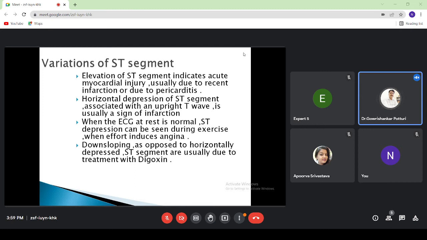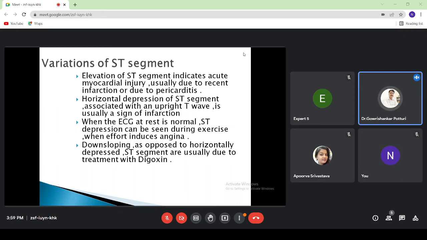ST segment associated with an upright T wave is usually a sign of infarction. Horizontal depression of the ST segment, that is, horizontally below the isoelectric line, with an upright T wave is usually a sign of myocardial infarction.